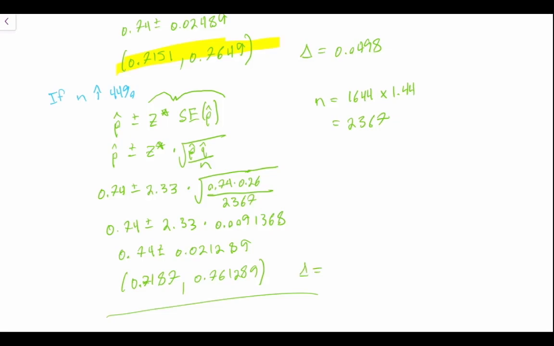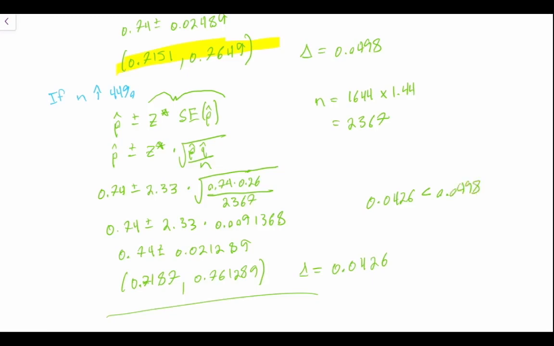And we can calculate the delta right here. 0.761289 minus 0.7187 gives us a delta of 0.0426. So what you'll notice is that 0.0426 is less than 0.0498.